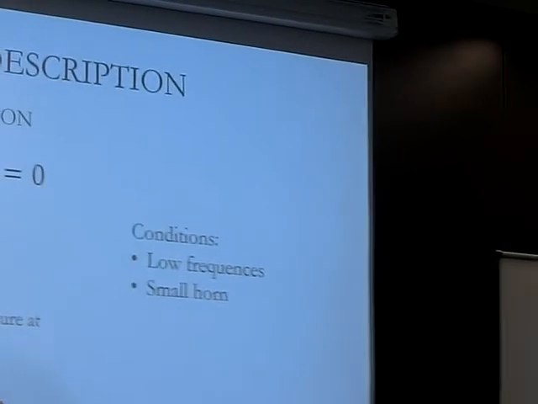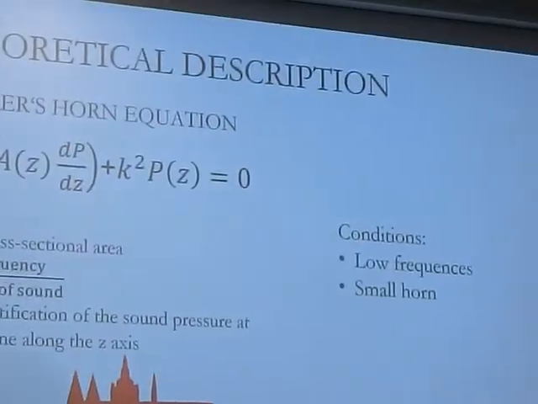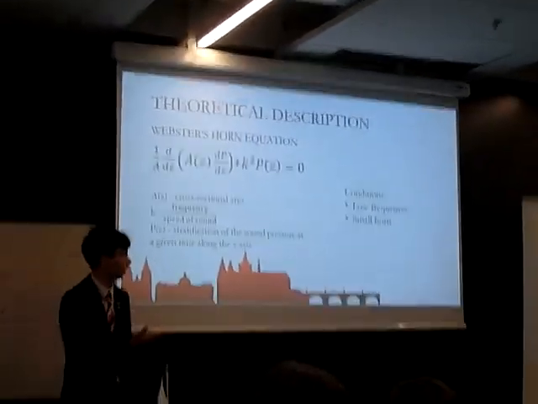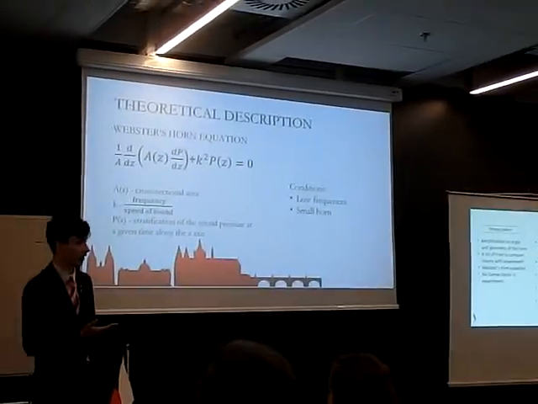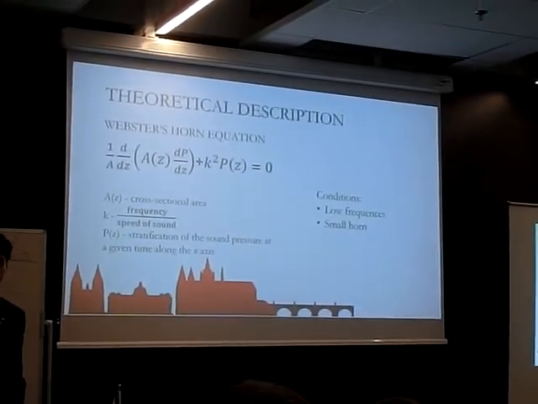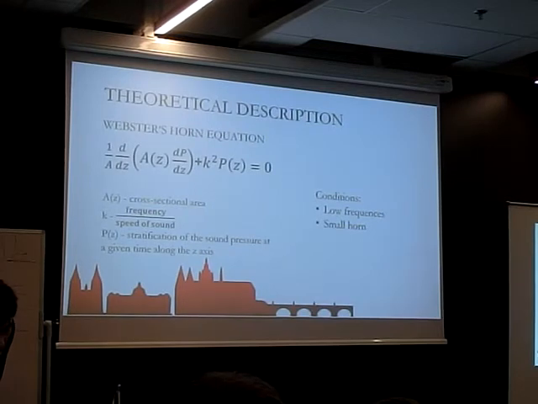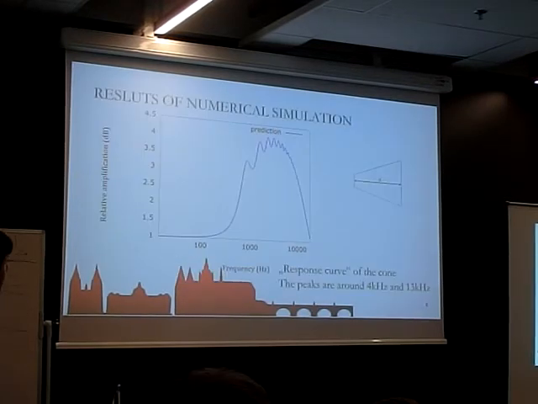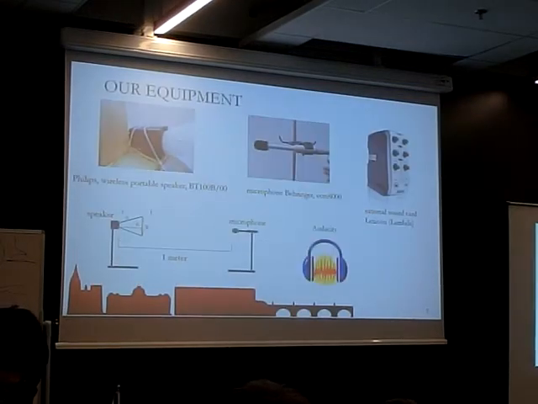Okay, for conclusion, I would like to say that our vector quantum equation works for low frequency, small horn, and infinite density. We've done a lot of experiments, changed a lot of relevant parameters, and got our prediction for the frequencies depending on the Webster-Horn equation.